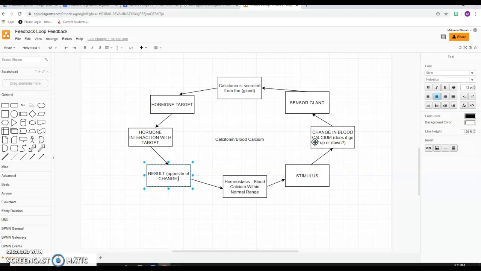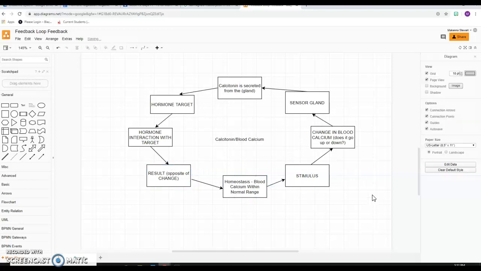That balances the scale. For your calcitonin and blood calcium feedback loop, you should have at least these parts. You can break it down differently, or put more or fewer things in boxes. Like I mentioned, you get some freedom with formatting, but it does need to be in a loop. It's a feedback loop, and you need at least this many parts.